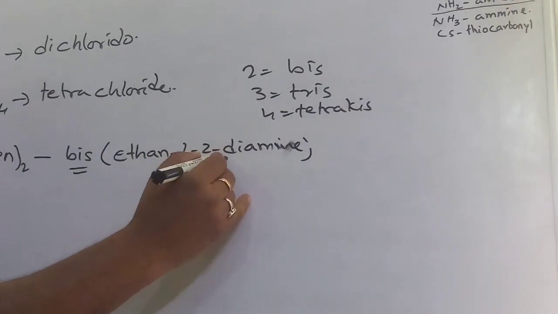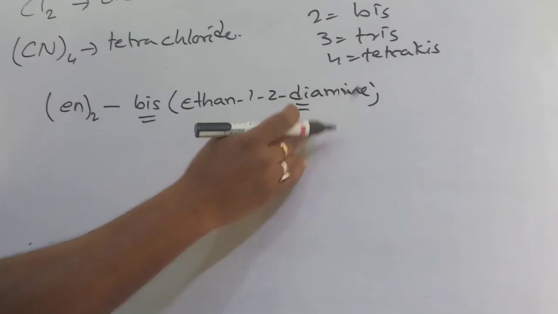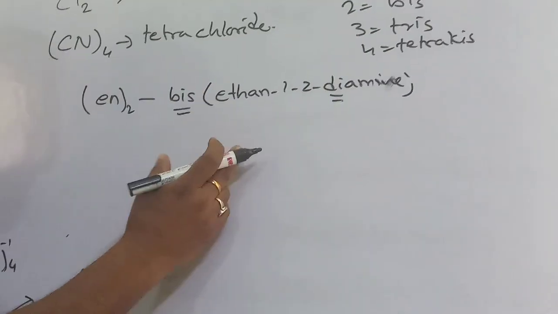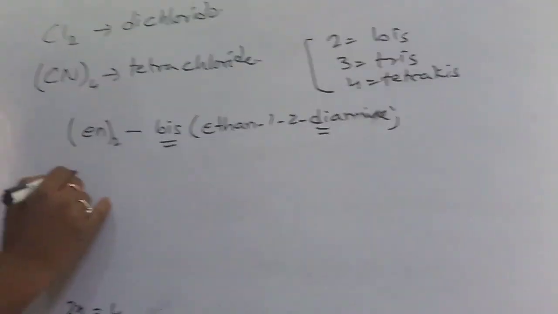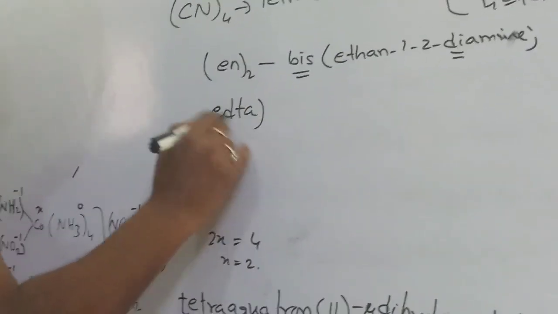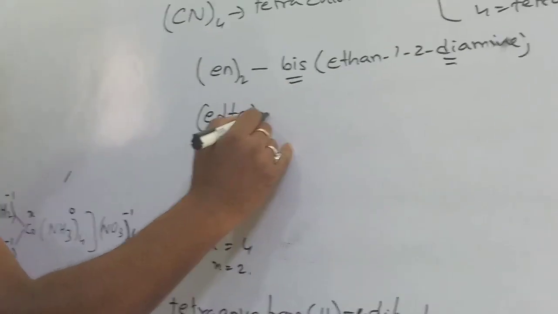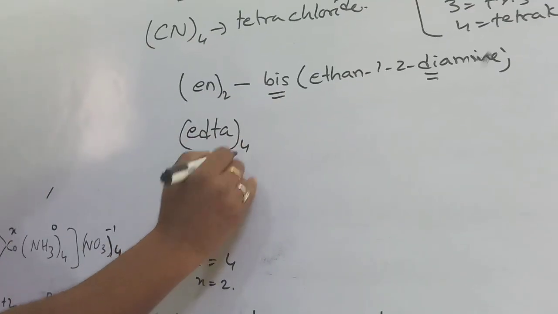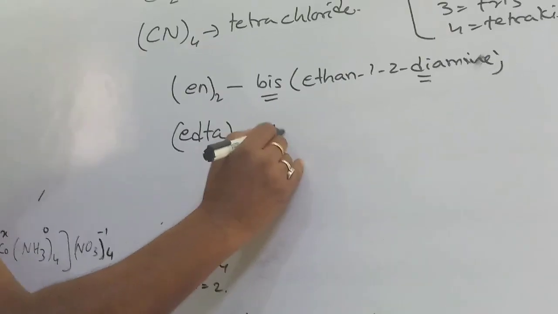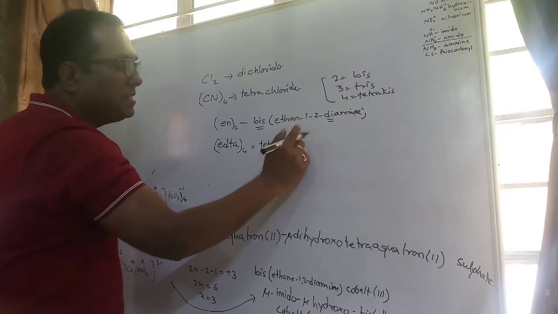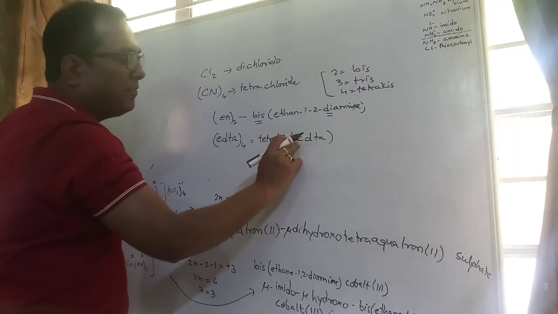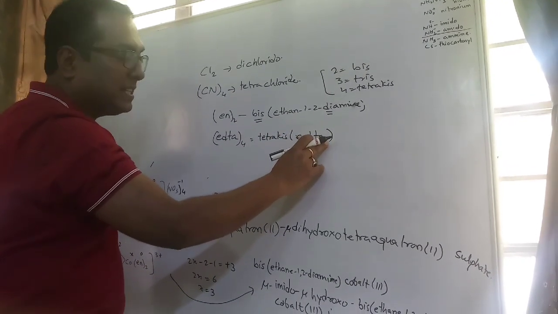The thing is, whenever you already have a di or similar prefix in the ligand name, you cannot use another di, you have to use bis, tris and tetrakis. Like EDTA, ethylene diamine. If it is 4, then you have to write tetrakis, and then EDTA. EDTA is so big, ethylene diamine tetraacetate.